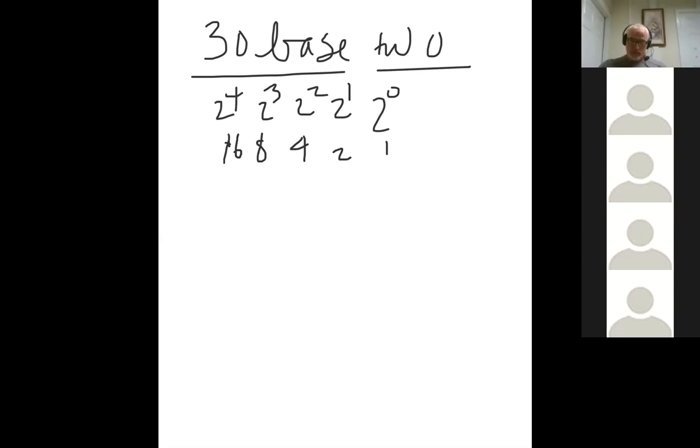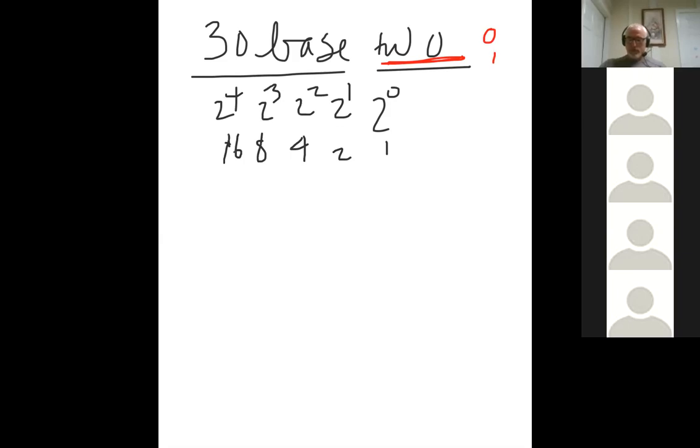So this one has a total of 5 digits, and the answer must have 5 digits. Since we're talking about base 2, there's only 2 digits we can use, 0 and 1, so the answer is going to be a series of zeros and ones.